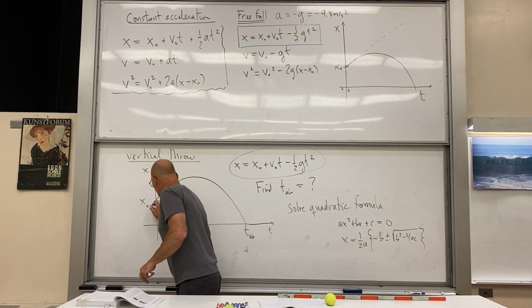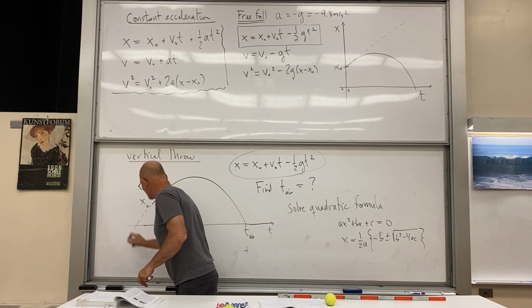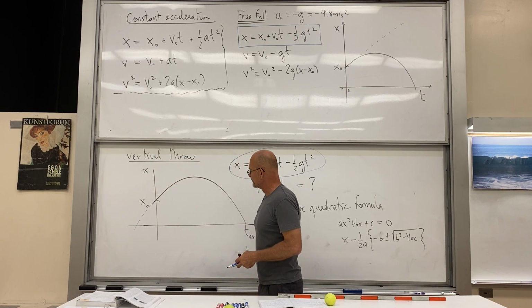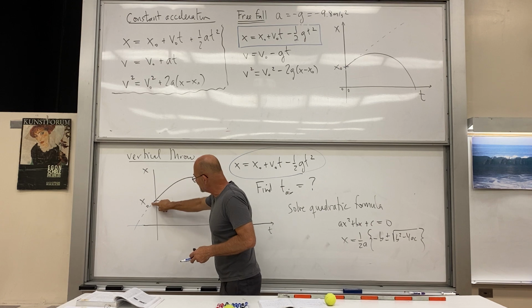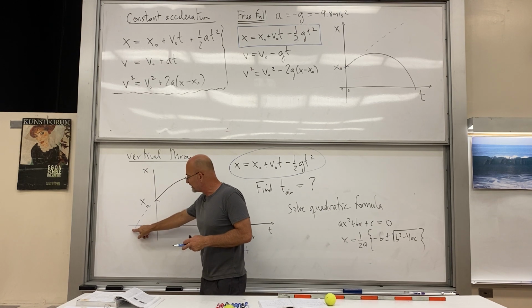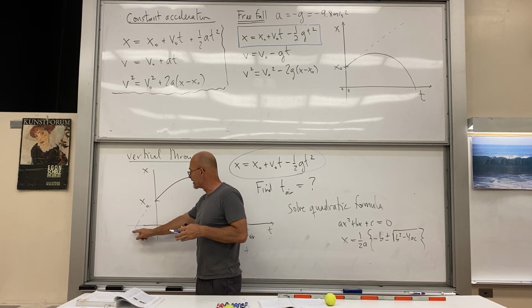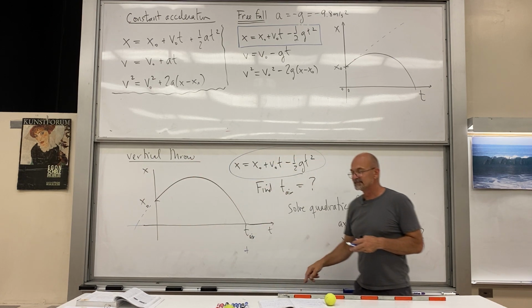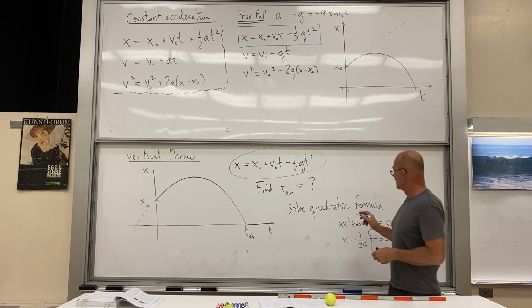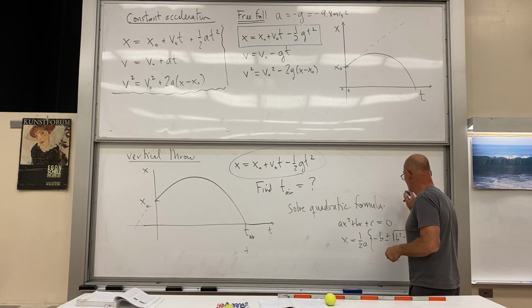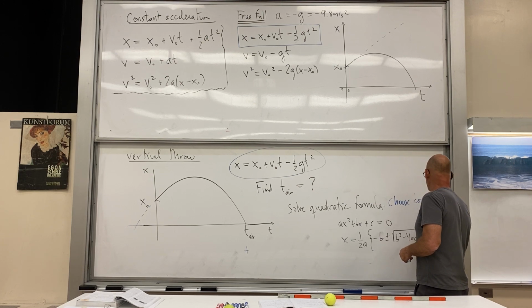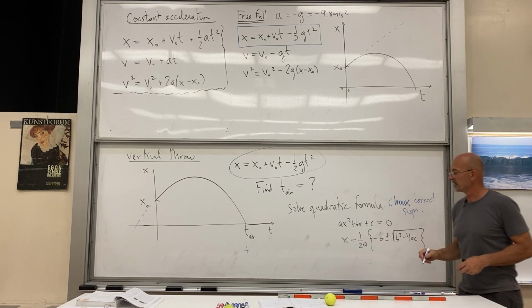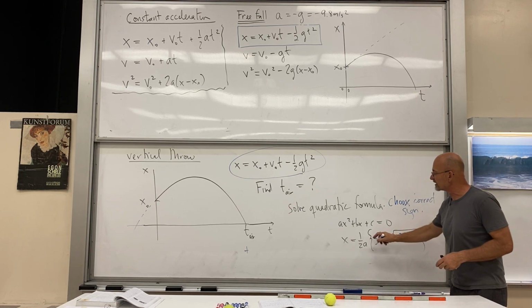It's actually on this parabola here. We launched here at t equals 0, so there's a negative time at which we could have launched from the ground and had the same parabola. So solve the quadratic formula, choose the correct sign. That's a judgment call on your part. What's the correct sign in the quadratic formula?